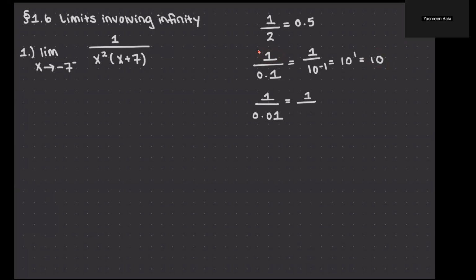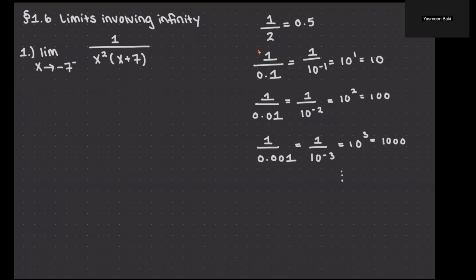So it's like 1 over 10 to the negative 2. Well, that's 10 squared, and that's 100. And just as one more example, 1 over 0.001, this is 1 over 10 to the negative 3. We get 10 cubed, and we get 1,000.